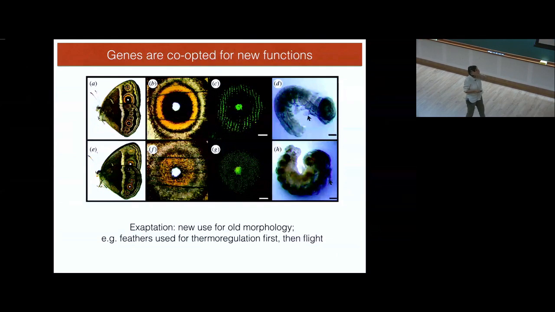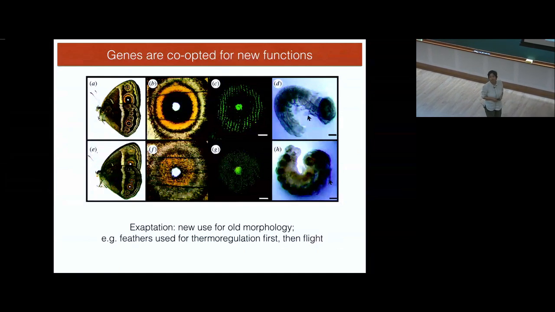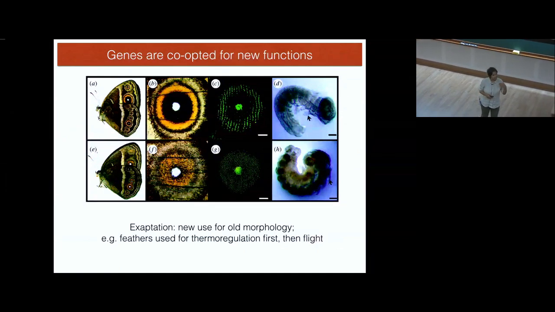Make sense? So this is what's called exaptation, where you have a new use for an old trait or old morphology. For example, bird feathers were used for thermoregulation first, we think, and then their use in flight evolved later. Yeah? So feathers are good insulation material. So we think that's what evolved first. Right?